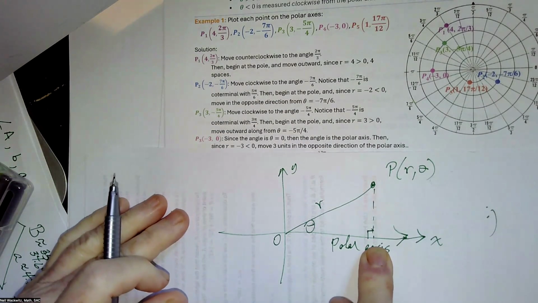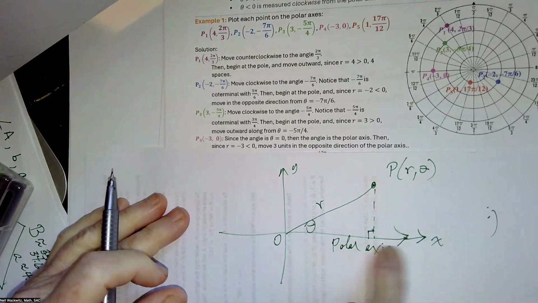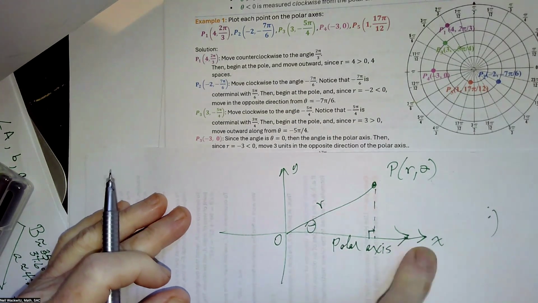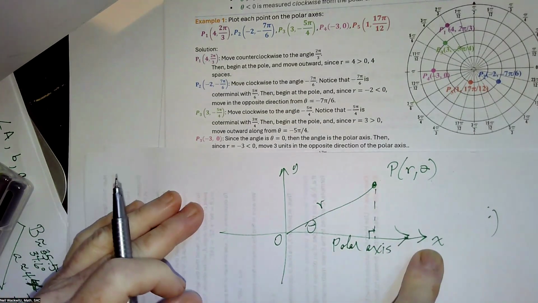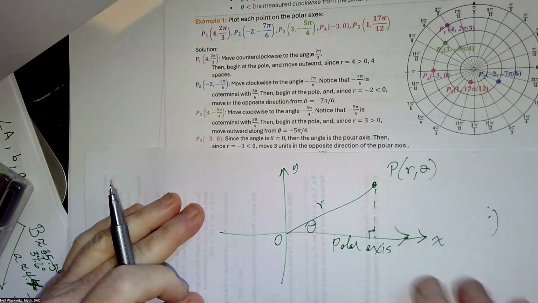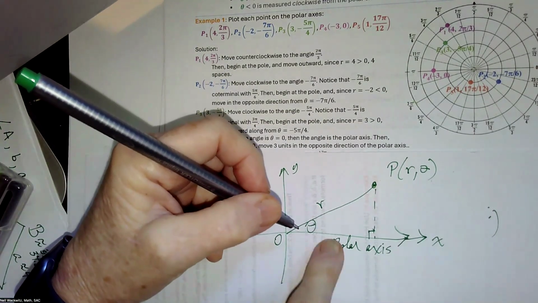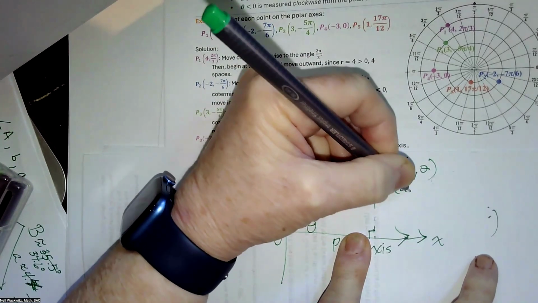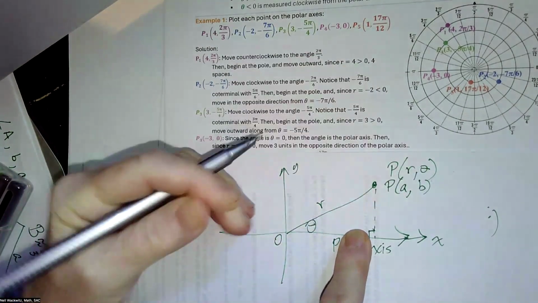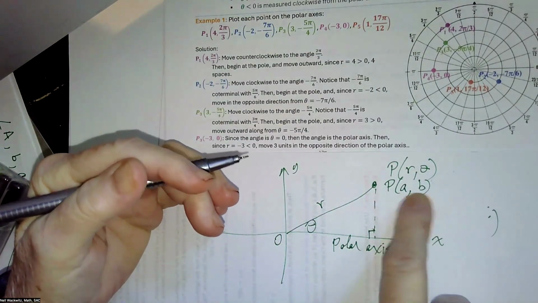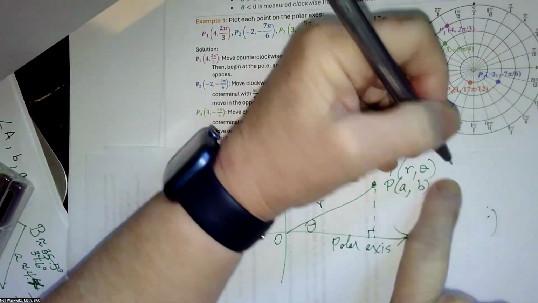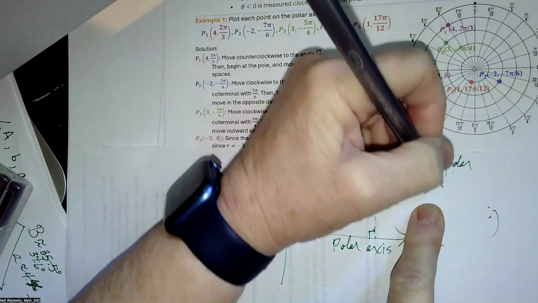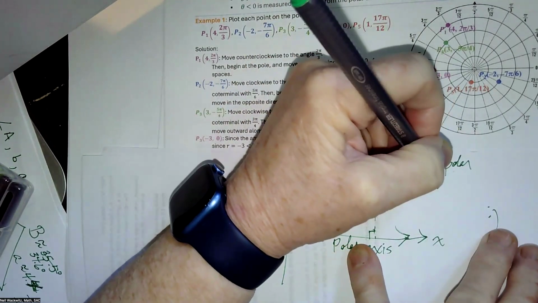And if I do that, I can drop a perpendicular down to the polar axis or the positive x-axis. And now I want to call this point P a, b. This is polar, r theta is polar, a b or x y will be rectangular.